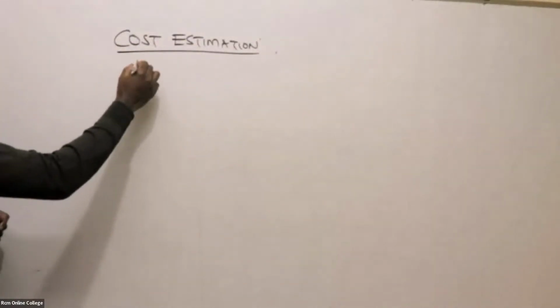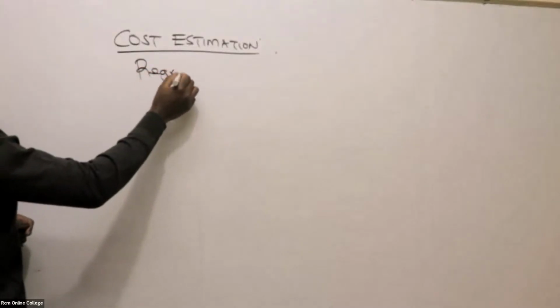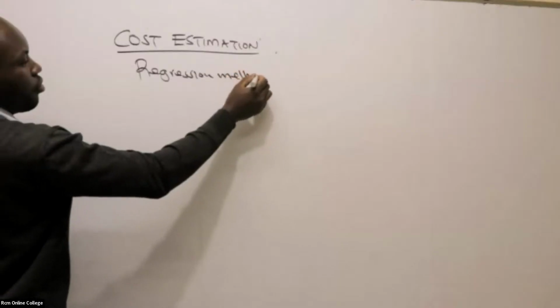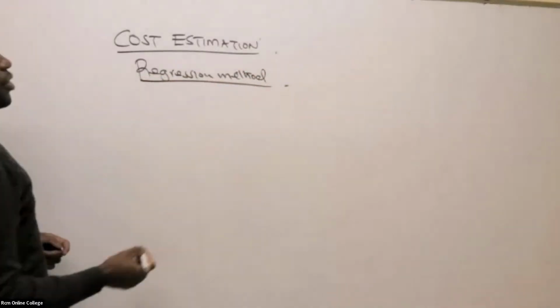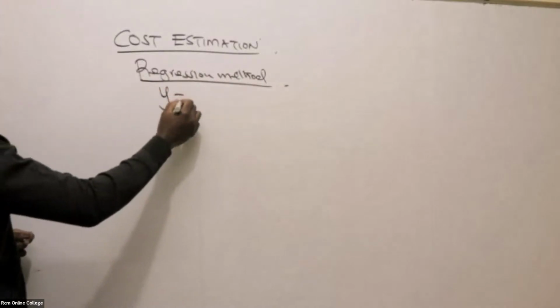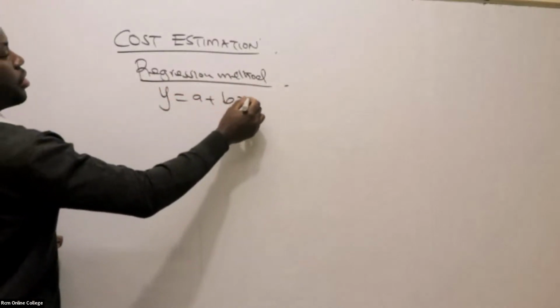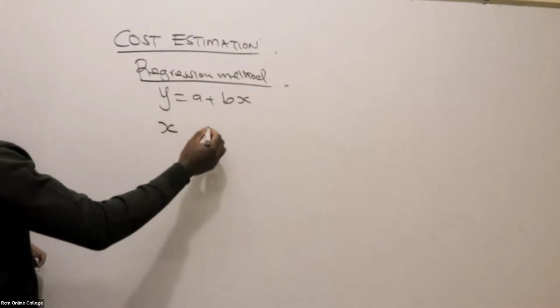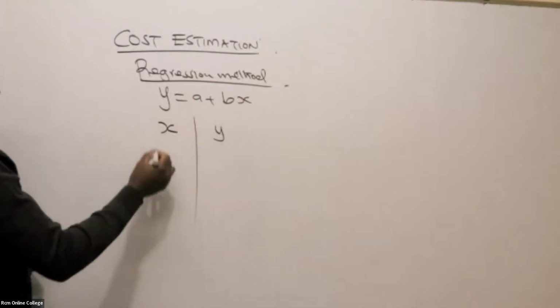And this key method called regression. Right? Now, this regression method, if you are to use it to give us cost function in the form of y is equal to a plus bx, maybe you'll be having x somewhere, you'll be having y somewhere here.